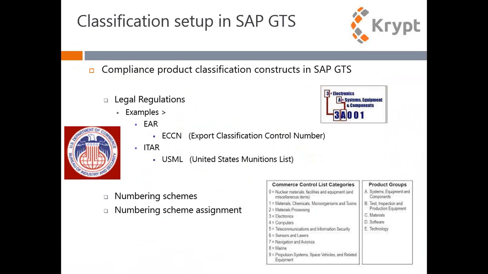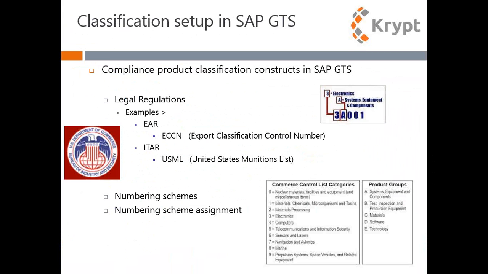Okay, classification setup in GTS, and again, we're going to see this, but it's really driven off what's called legal regulations in GTS. And if we look at this example, and we're just using US examples, but keep in mind that this is a global application and we can support regulations worldwide.